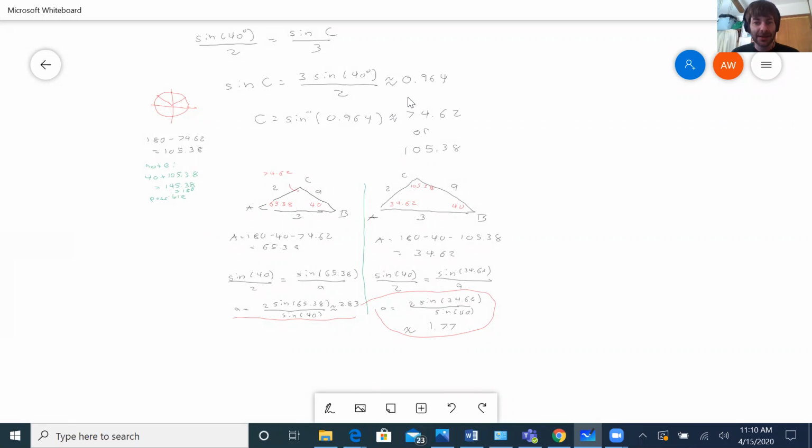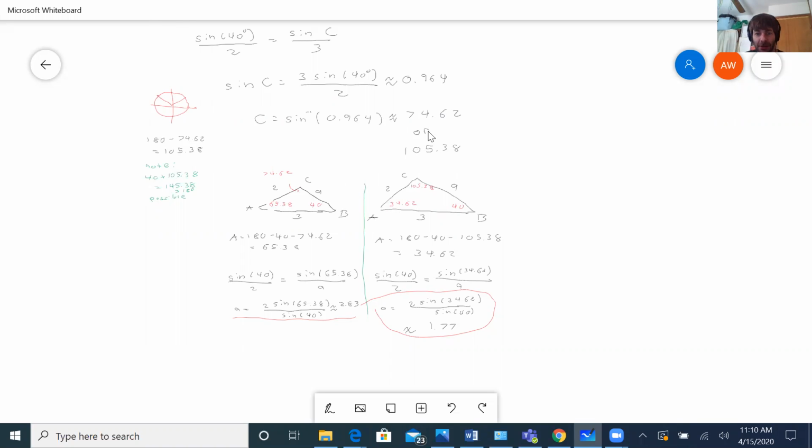The other case is I took my inverse sine, and when you added the resulting other angle that it could have been with my 40, it went over 180, and that couldn't have happened. So we only had one possible triangle. The other case is this one, where both of these angles with my 40 are still less than 180 and still give me possible A's.